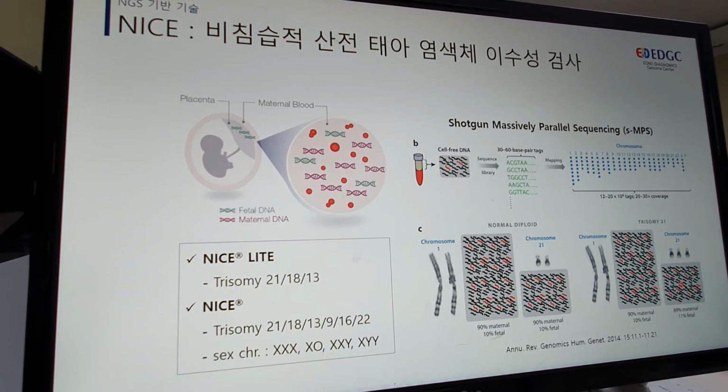So we can check this very small amount of fetal DNA. We can check if this fetus has Down syndrome or Patau syndrome or some other things. So this is one of our major products and major research fields.